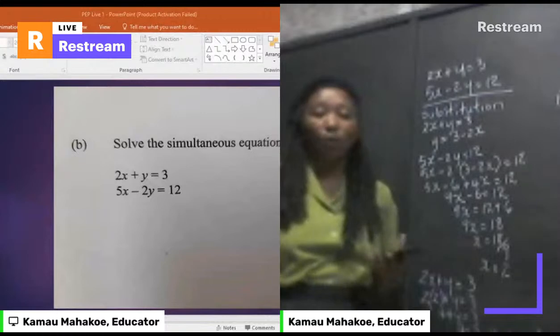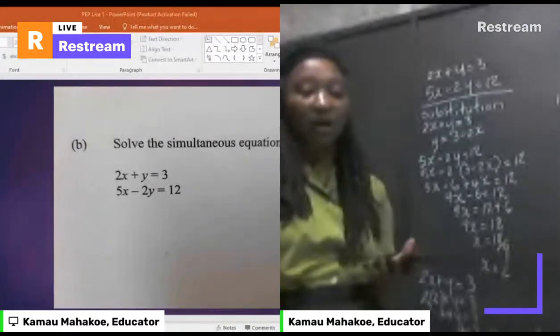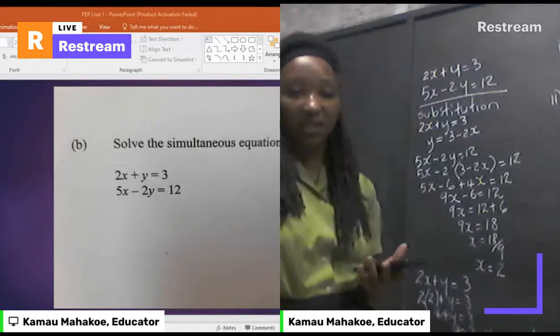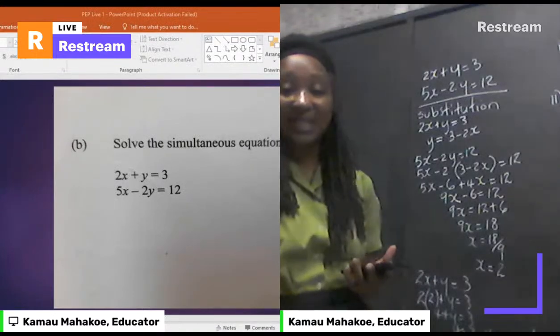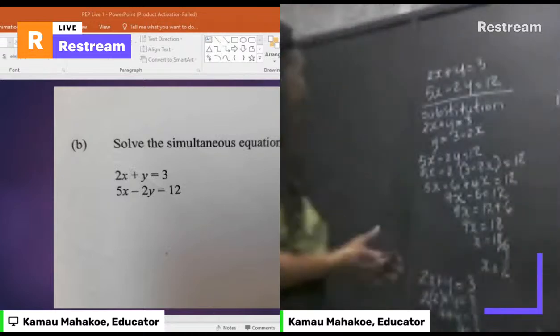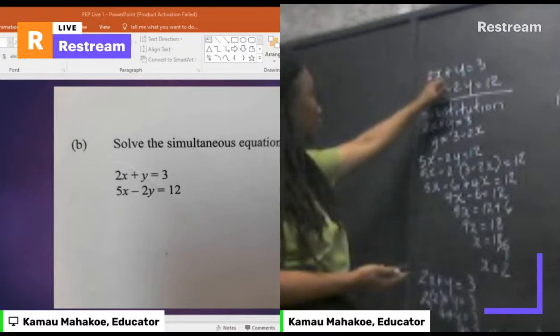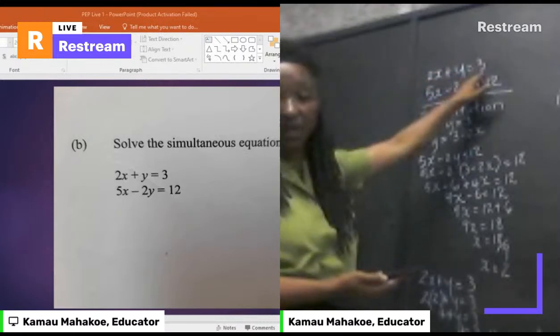Now, when you solve simultaneous equations, you should plug those values into both equations and see that they make sense. So if we're saying that x is 2 and y is negative 1, let's check if that makes sense. 2 twos are 4, minus 1 gives 3.